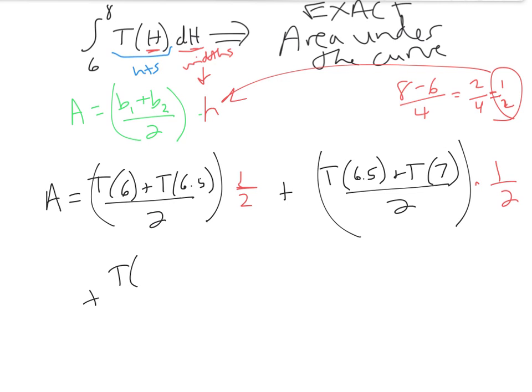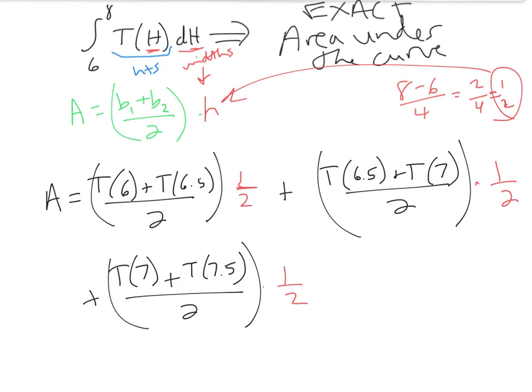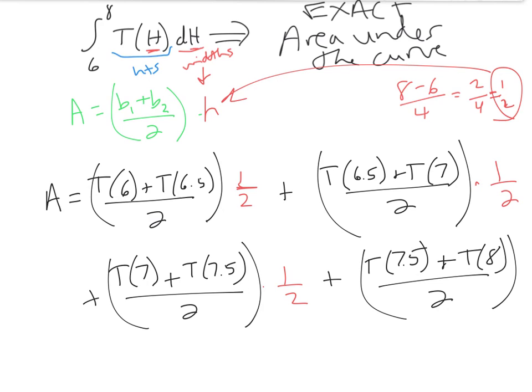Plus t of 7 plus t of 7.5, averaged together, and my final trapezoid is going to have a base of 7.5 and a base of 8, average the bases, and then multiply by 1/2.